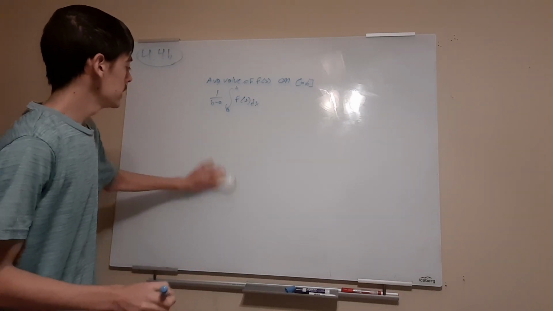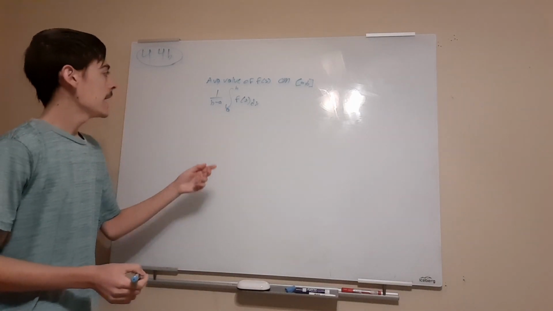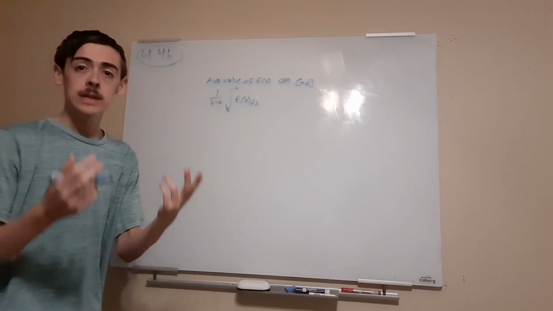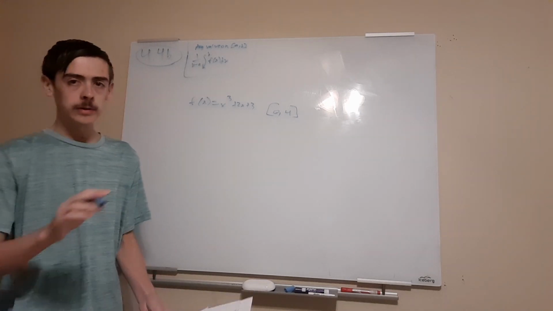This is the formal way to write our average value formula. I'm going to rewrite this, and we're going to go through a few examples of actually using this formula.